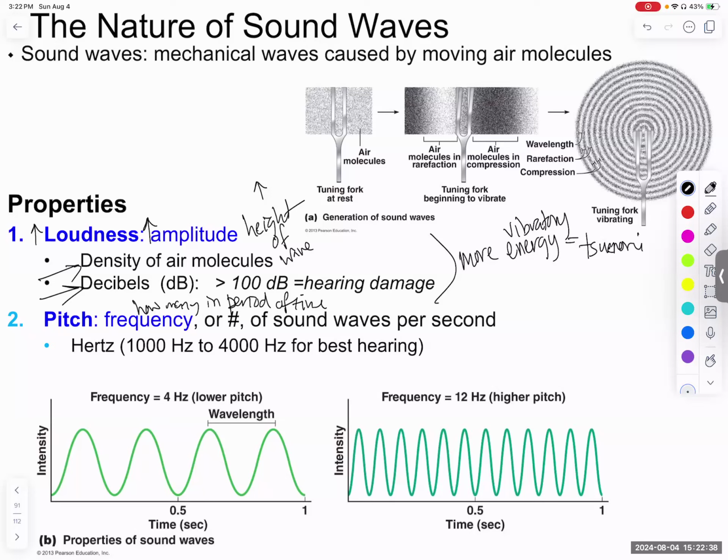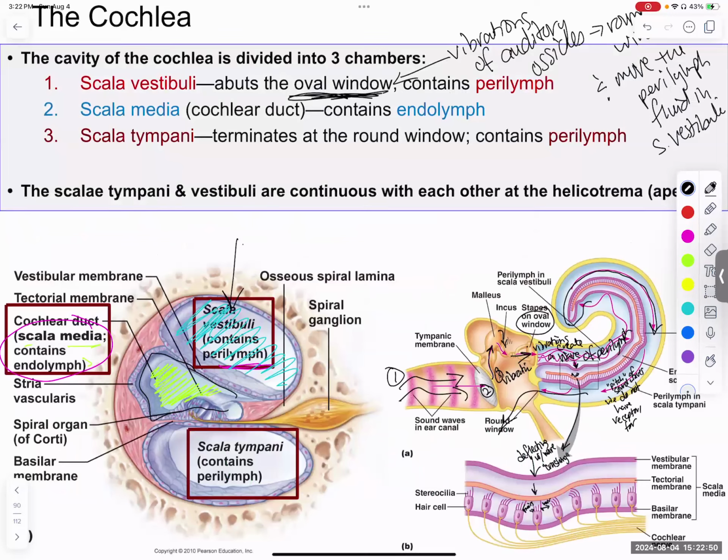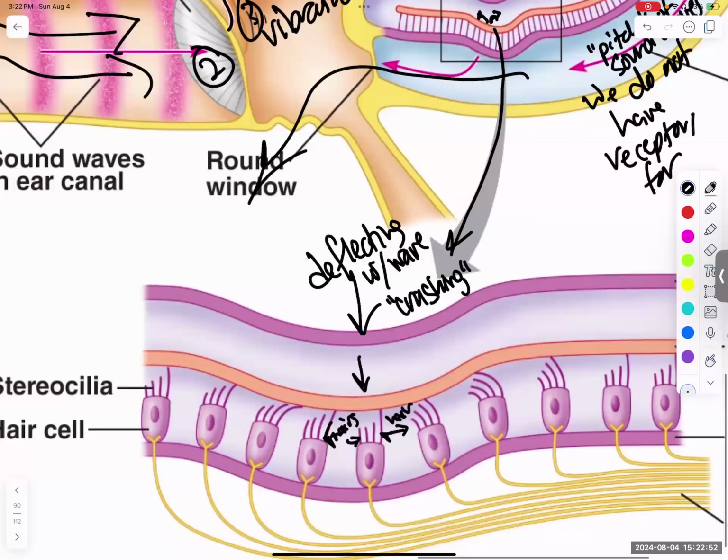And I don't even know how to spell tsunami, but it's going to create a tsunami wave of perilymph fluid. And if you think about it, if you're listening to loud sounds, that tsunami wave is really pushing down and really going to bend these hairs, and it can break the hairs.